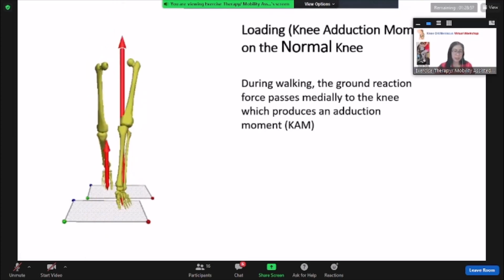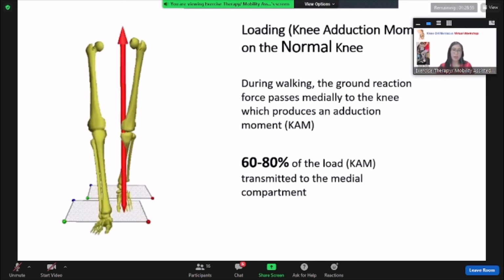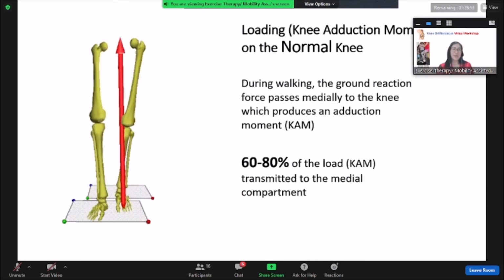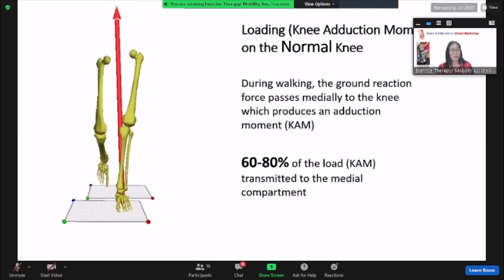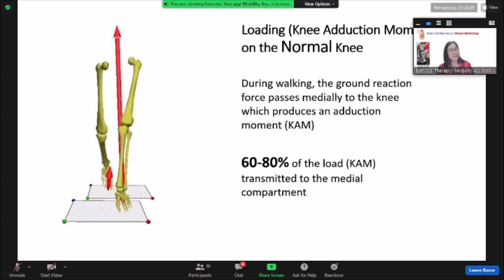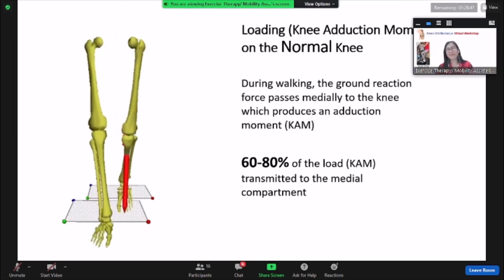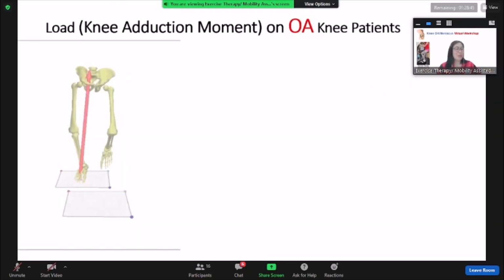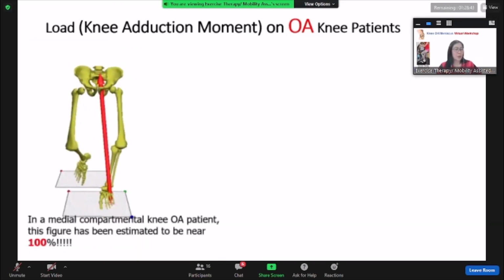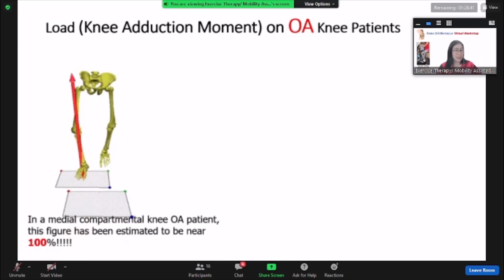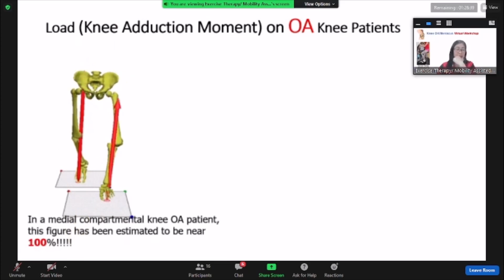In a normal knee, 60 to 80% of that load is transmitted through the medial compartment. Well done, Samuel. However, for patients with knee OA, that is 100%.